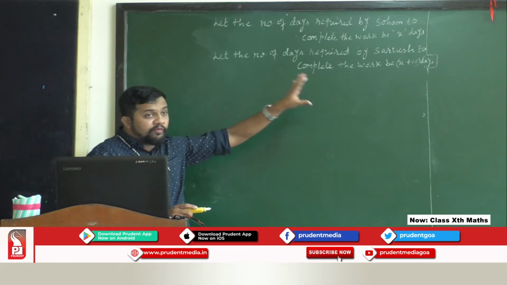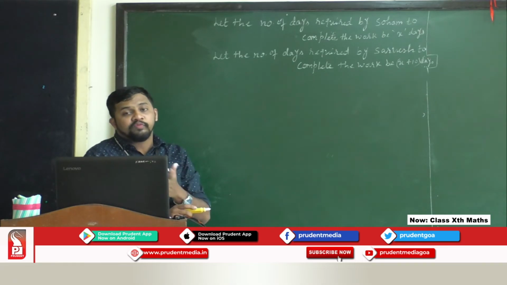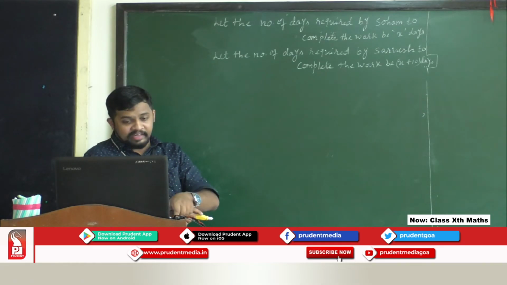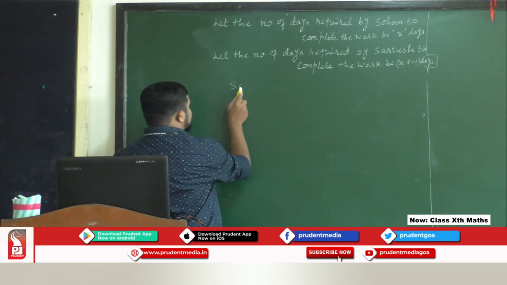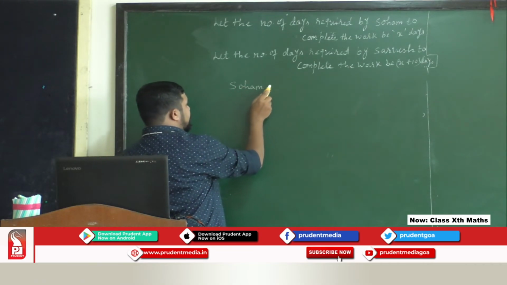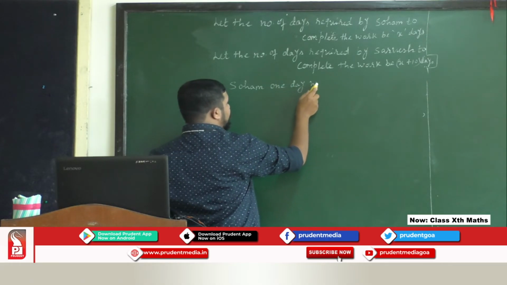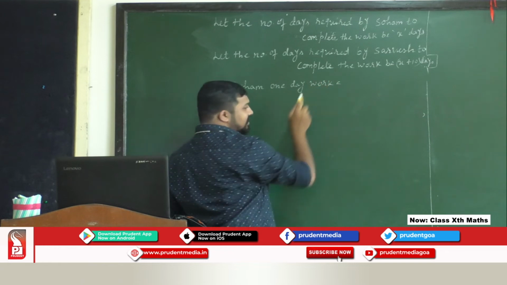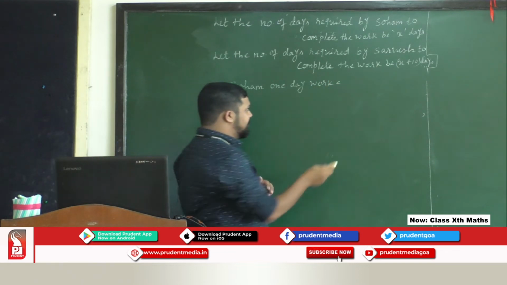Now this is the number of days they have to complete. What will be the days, means how much work they will do in 1 day. So in 1 day I have to find out. So Soham 1 day work. Just I have shown you 1 day work. Entire work we are taking as what? 1.